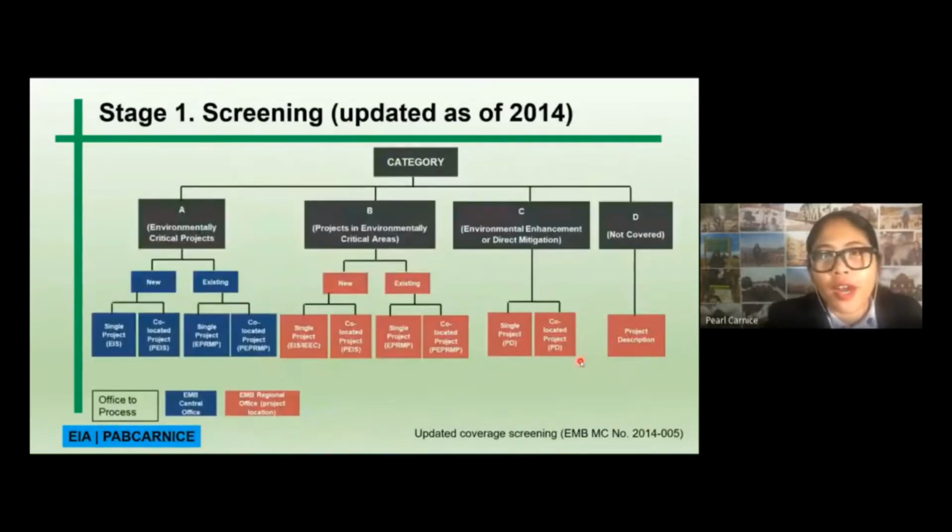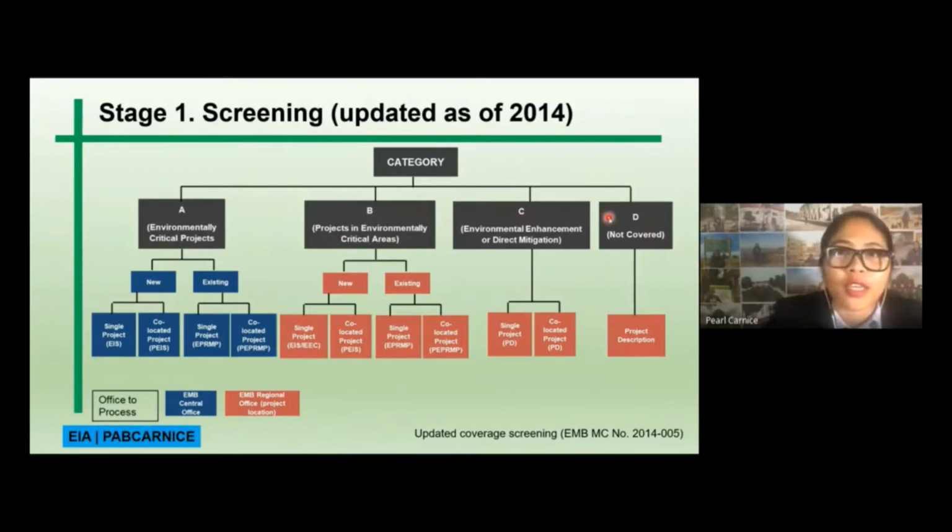This is the screening process based on the four categories. We have category A, environmental critical projects; category B, projects in environmental critical areas; and C, environmental enhancement or direct mitigation.